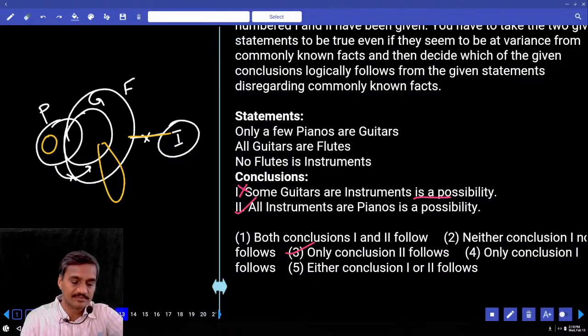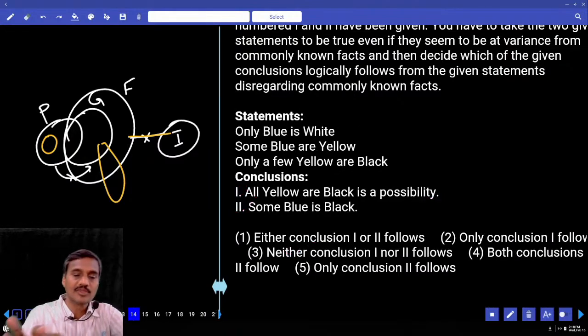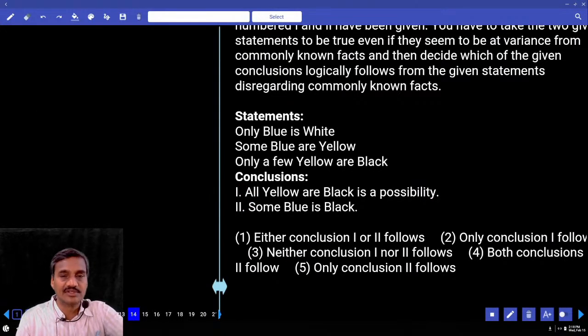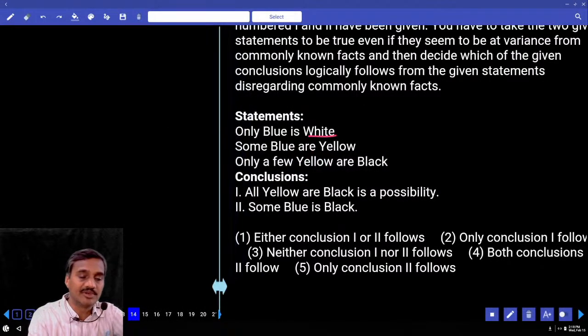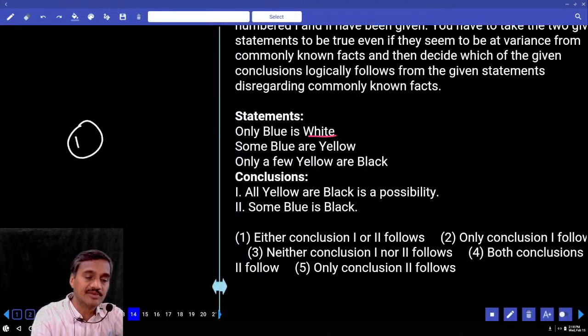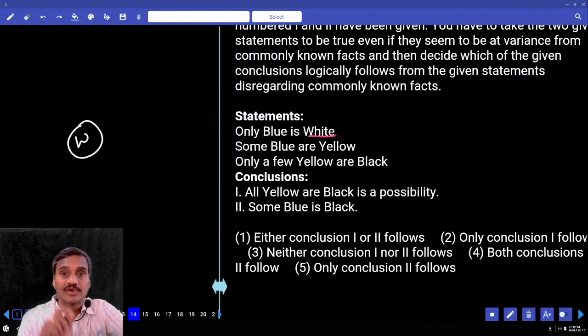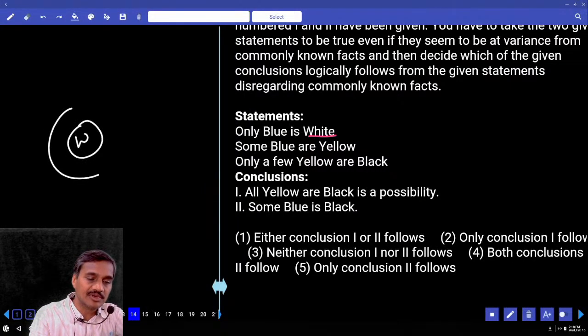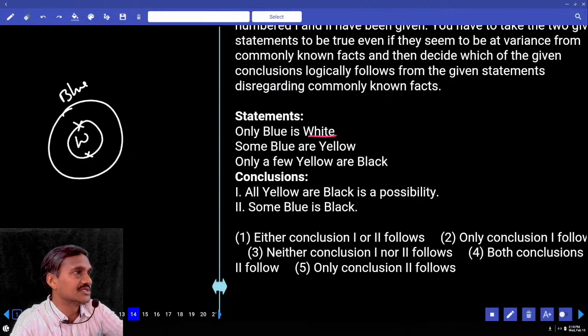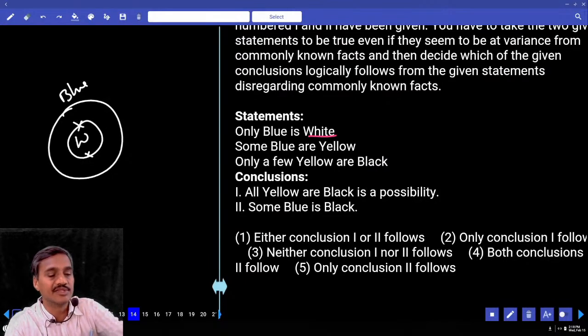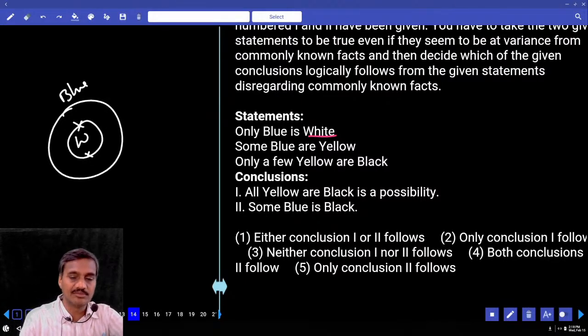Then 14. Now only blue is white. What do you mean by this? Only blue is white? That means this entire white belongs only to blue. And this white does not belong to anything else. This white should belong to what? Only to blue, and not to anything else. And some blue is yellow.